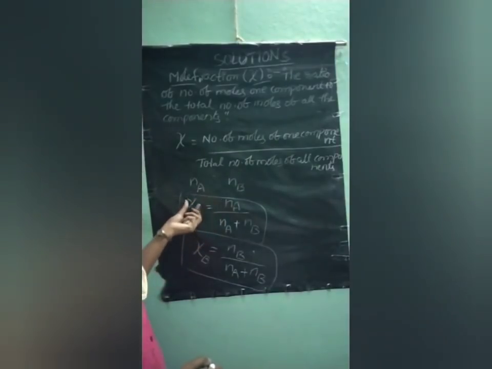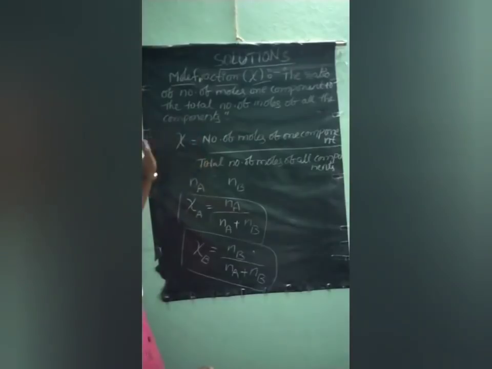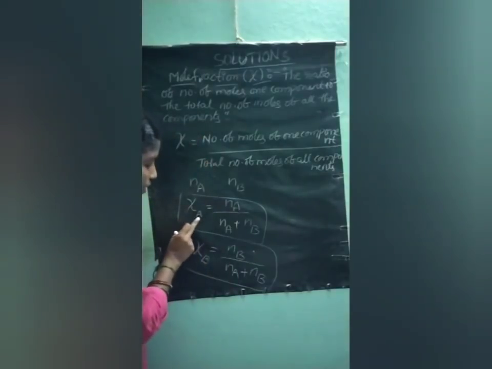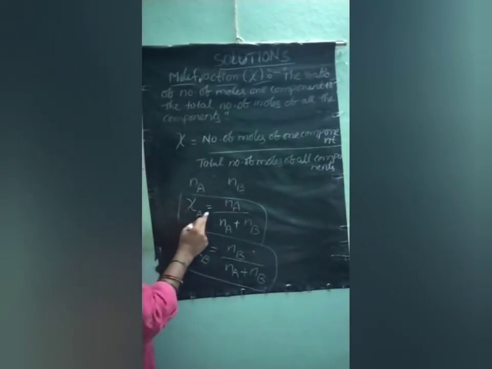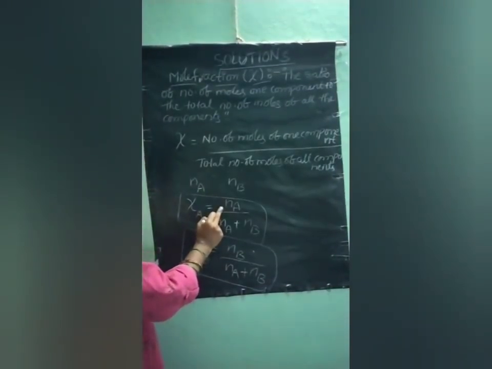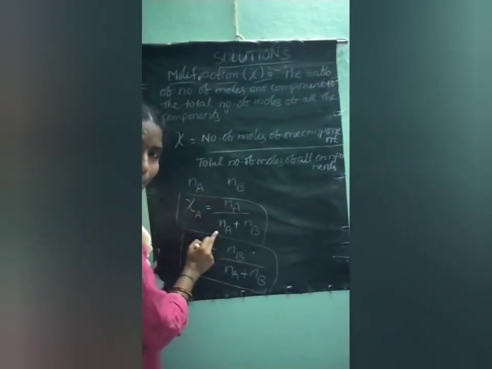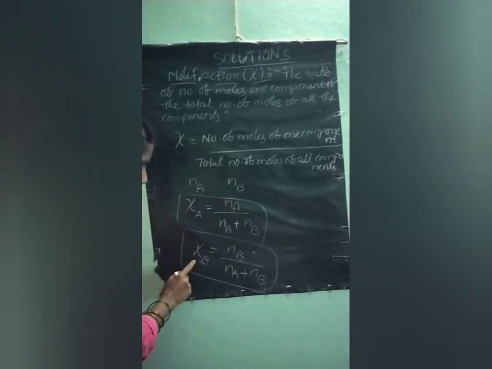By substituting in the first formula, the mole fraction of the first solution A is equal to Na by the total number of moles of all components. Next, Xb, or psi B, or chi B.